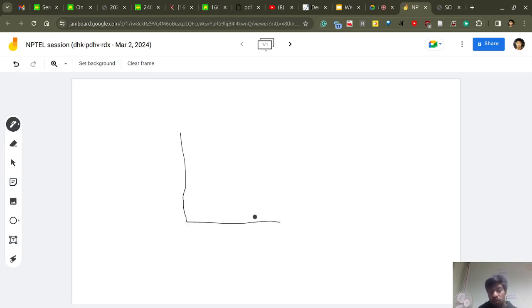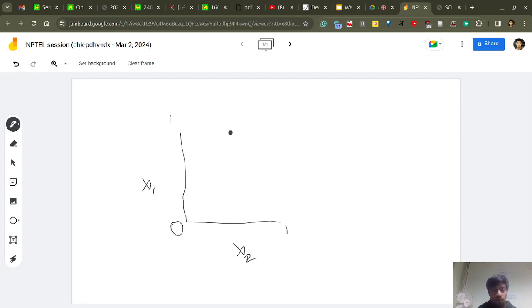Suppose this is x1, this one is x2, this is 0 for both, this is 1, and suppose we are classifying 0 as a triangle, and 1 as a square.